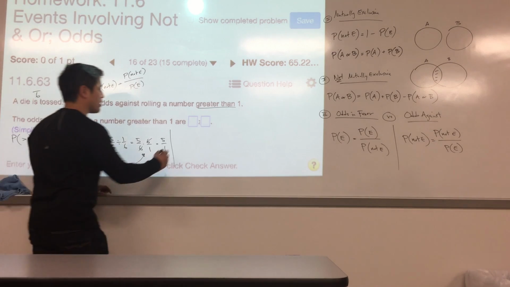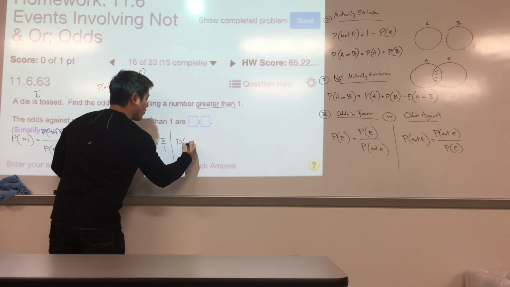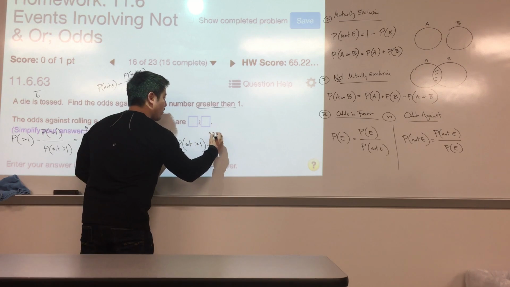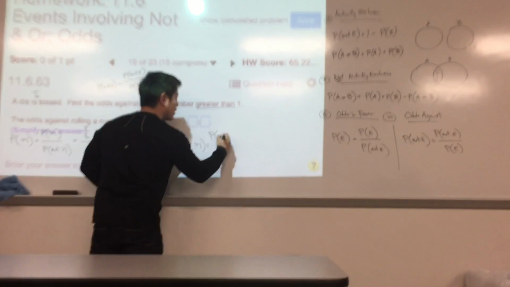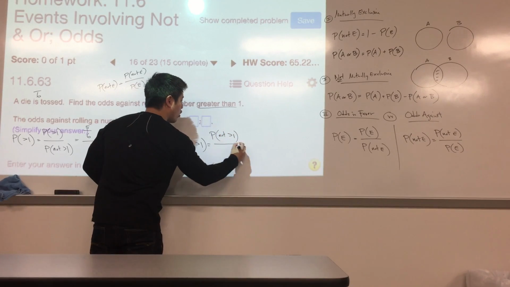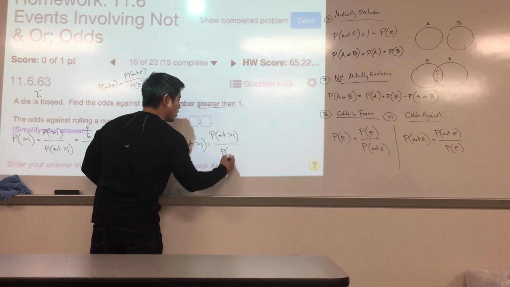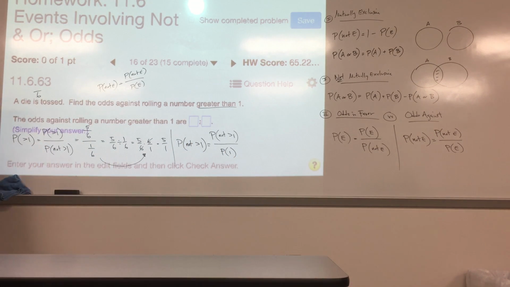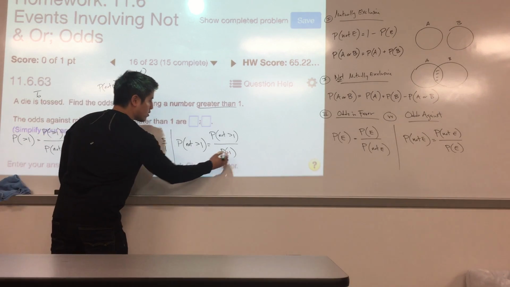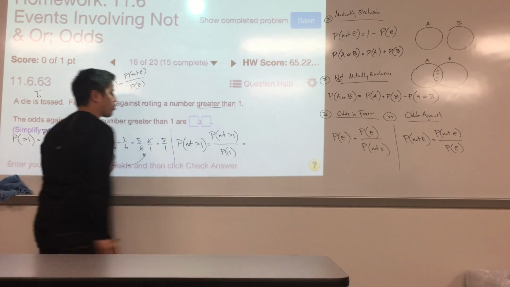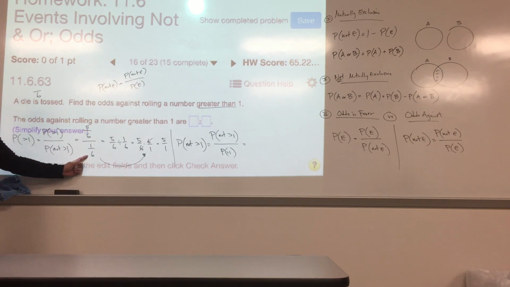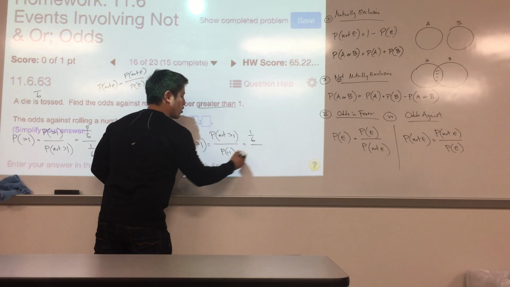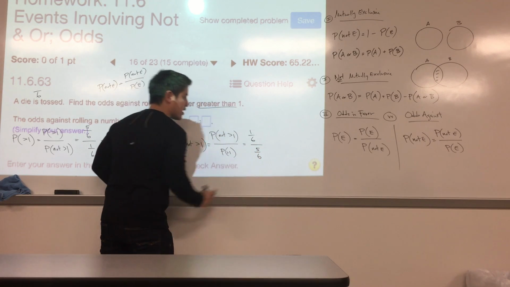Because finding the odds of not getting something greater than 1 means you want the probability of not greater than 1 over the probability of getting greater than 1, to be more specific. The probability of not getting something greater than 1 is 1 out of 6. The probability of getting something greater than 1 is 5 out of 6.